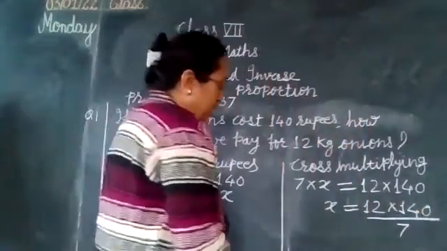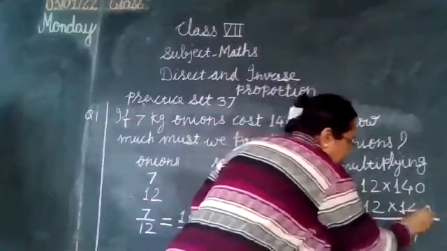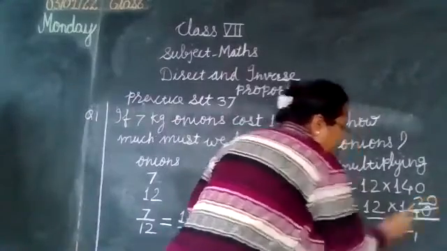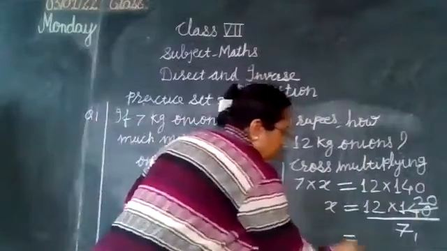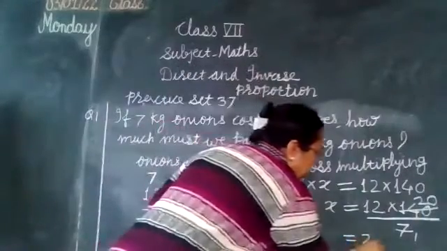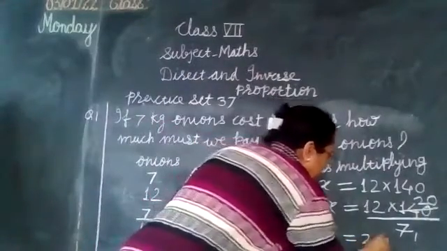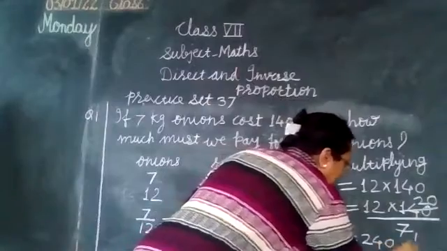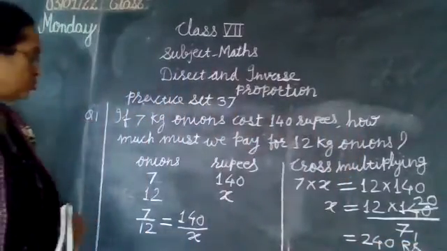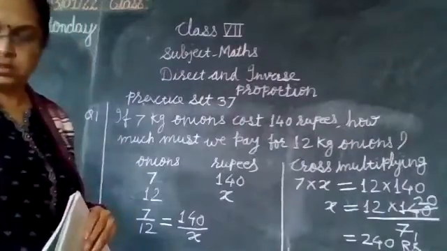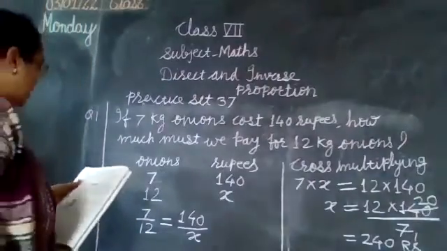And then we can reduce like this, 7 ones are 7 and 7 twos are 14. So it comes out to be 20 there. So 12 into 20, that is 240 rupees. So like this, we got the answer.